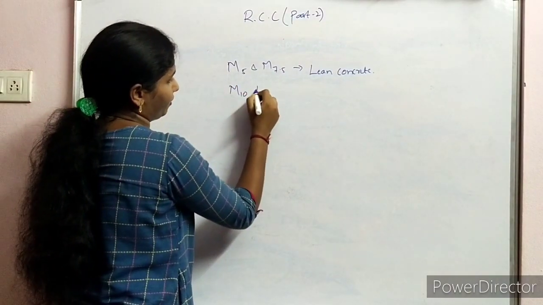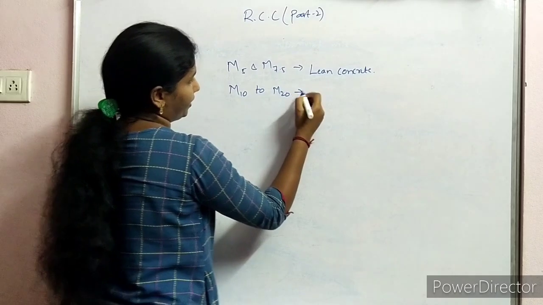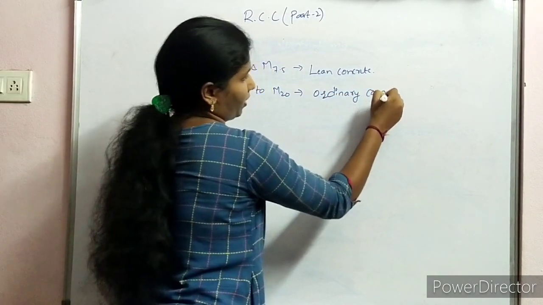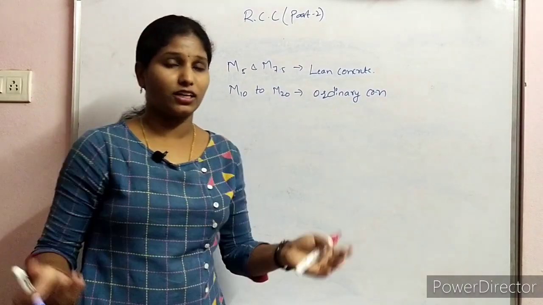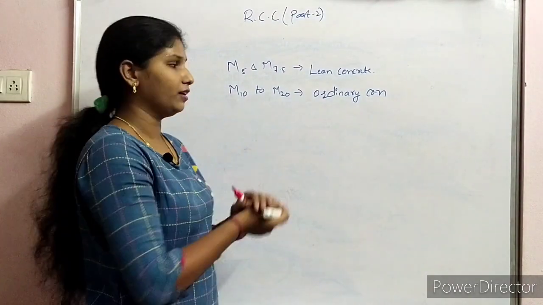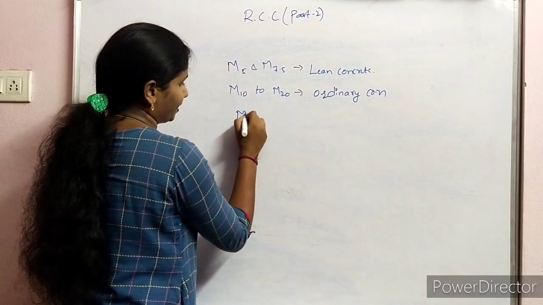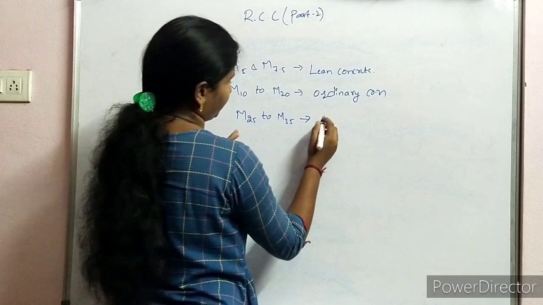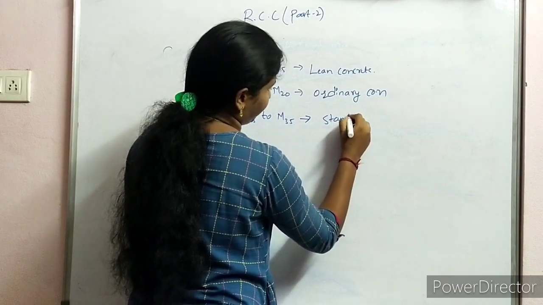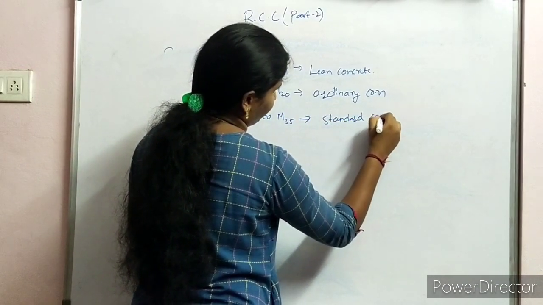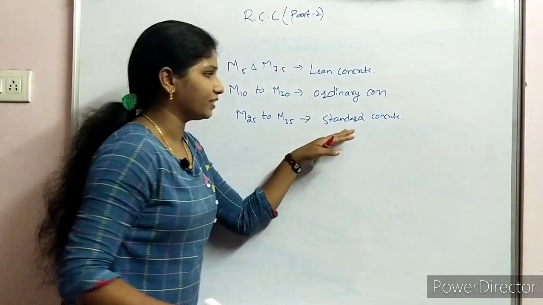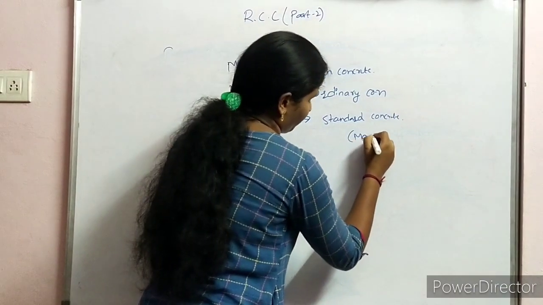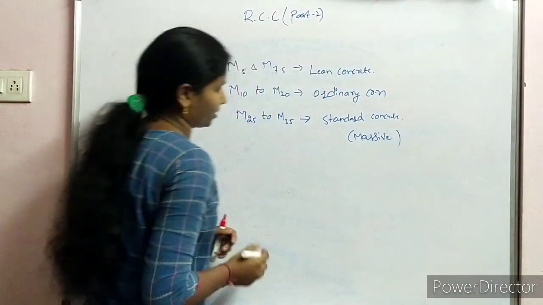Whereas M10 to M20 concrete is ordinary concrete. It is used for general constructions like buildings. Whereas M25 to M35 is standard concrete, used for massive constructions.